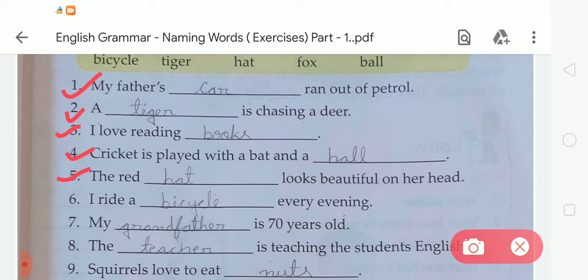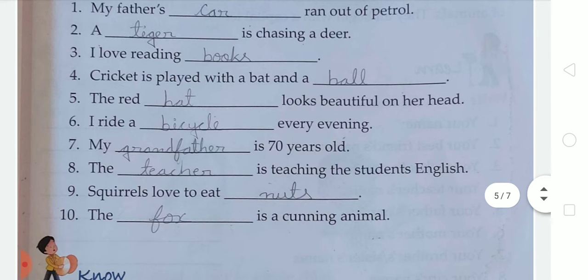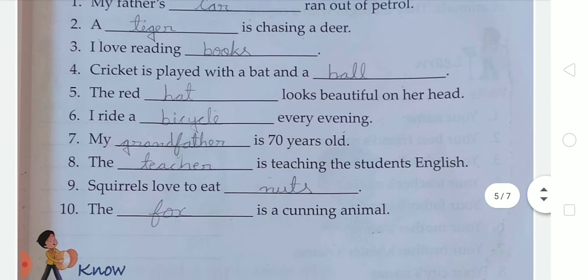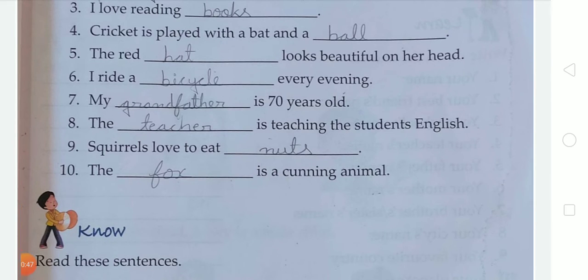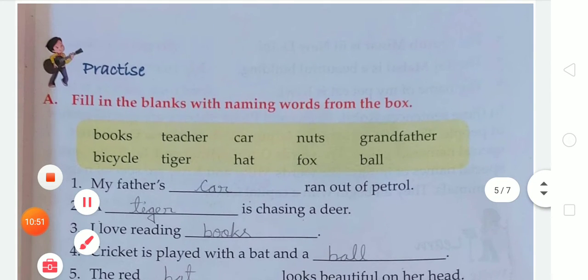Number 5, the red hat looks beautiful on her head. In number 6, I ride a bicycle every evening. In number 7, my grandfather is 70 years old. In number 8, the teacher is teaching the students English. In number 9, squirrels love to eat nuts. And number 10, the fox is a cunning animal. So like this we have to complete exercise A.